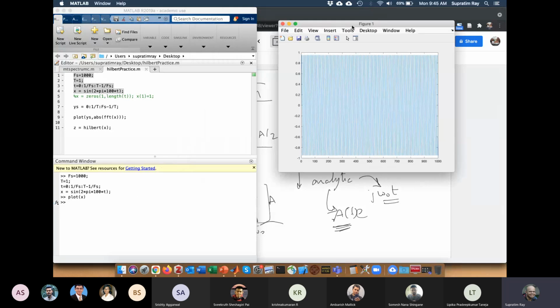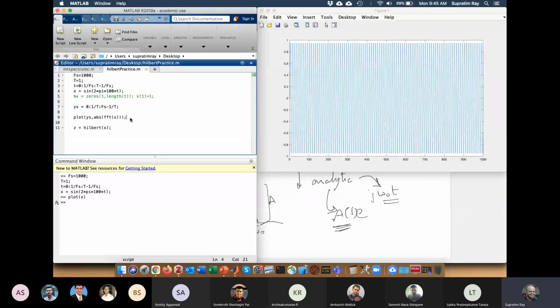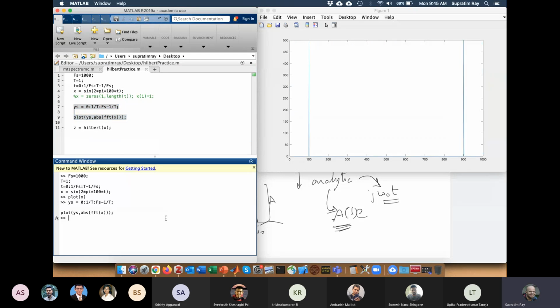So it's a sinusoid, 100 hertz, right? The FFT is going to be a delta function at 100. So one peak at 100, one at 900, because it's symmetric.